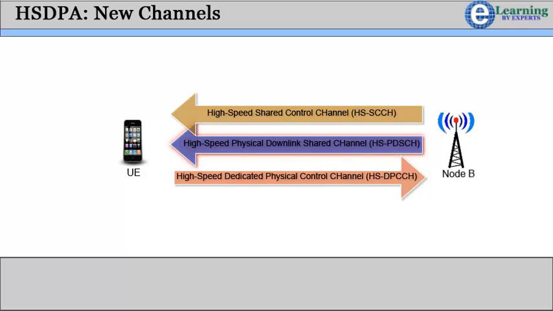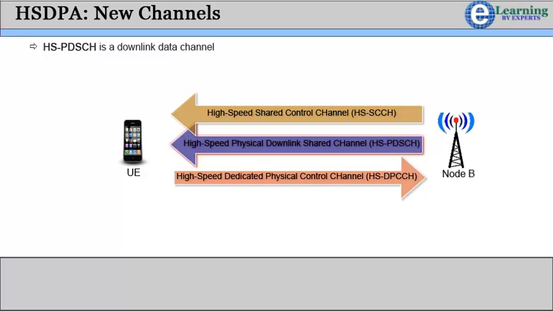High-speed physical downlink shared channel, HSPDSCH, is a new downlink physical channel, which allows several users to share the air interface channel dynamically with peak channel rates up to 14 Mbps. HSPDSCH is mapped to the HSDSCH transport channel that carries actual user data.